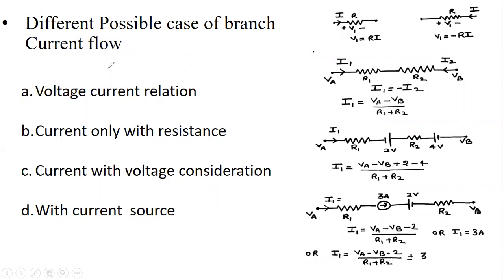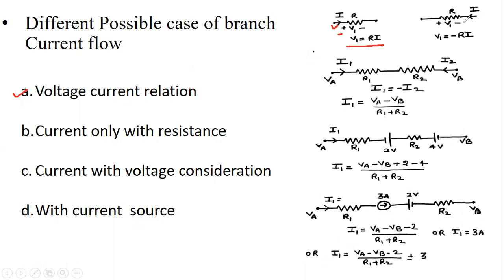So all possible cases, first is the voltage current relation. See here, we have represented a resistance R with current I and voltage V1. If current enters from the positive terminal, the relation is V1 equals IR.